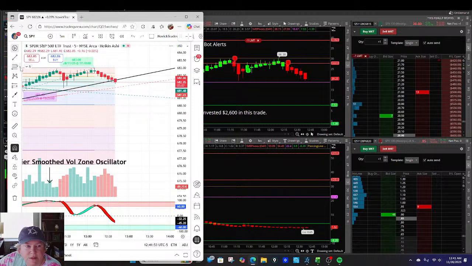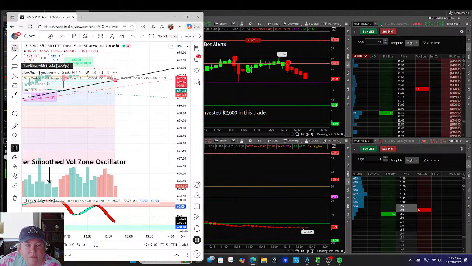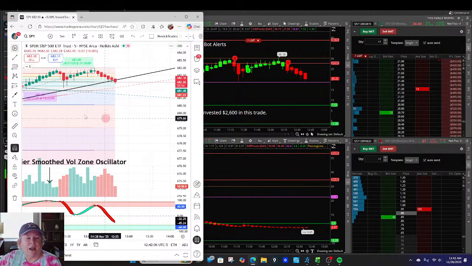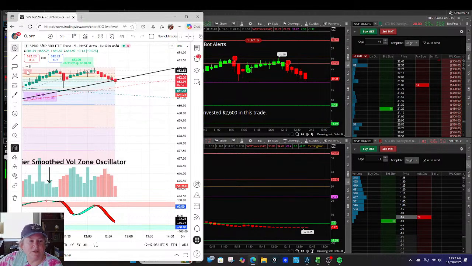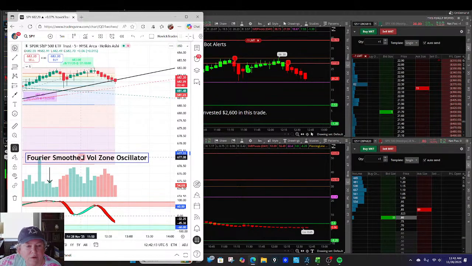resistance line, which is trend lines with breaks. So those are trend lines just like I'm drawing. I hide the names because it's just real cluttered looking, so move this over here.